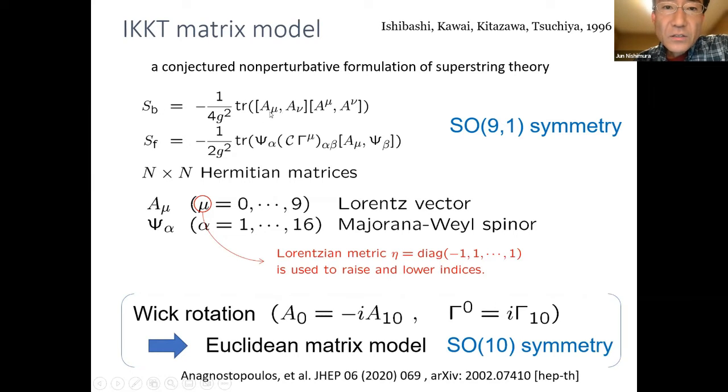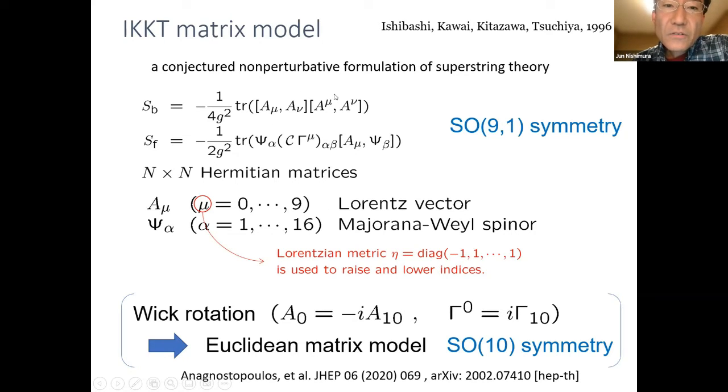So you have these bosonic matrices A mu, which have the Lorentz vector index mu, which runs from 0 to 9, and also fermionic matrices, which are 10-dimensional Majorana-Weyl spinors with index alpha, which runs from 1 to 16.